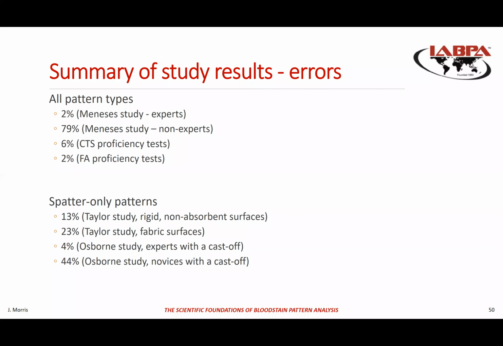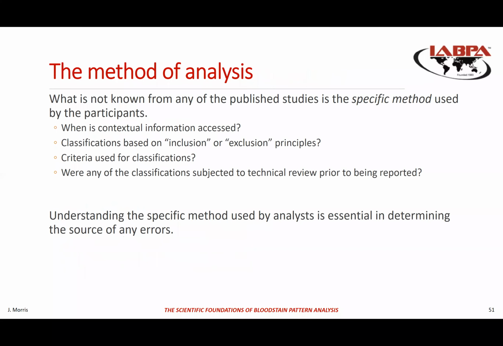When we look at spatter-only patterns, that range is 13 to 23% in one group of studies. But when we look at a second study that splits it between experts and novices, it's 4% for the experts and 44% for the novices. So this gives us an insight into some of the things that may lead to erroneous conclusions.